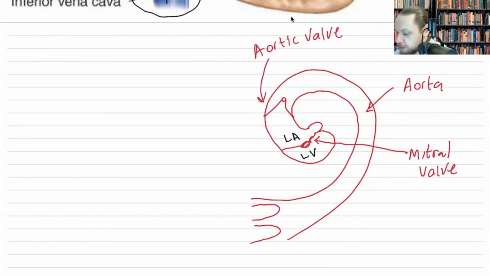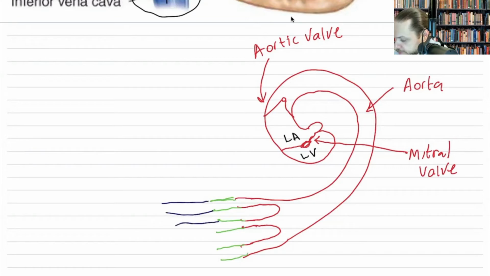And now what I'm going to do is connect the system to the veins and the capillary. So we're going to say here we have the capillary system. And I'm going to get some venous system here.